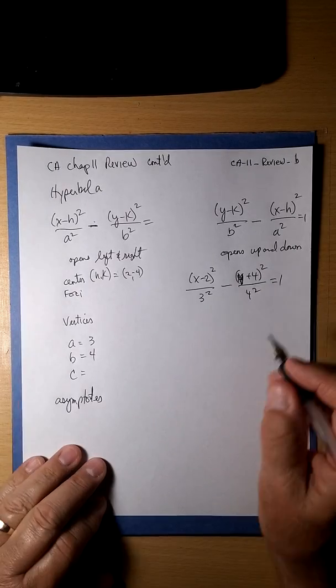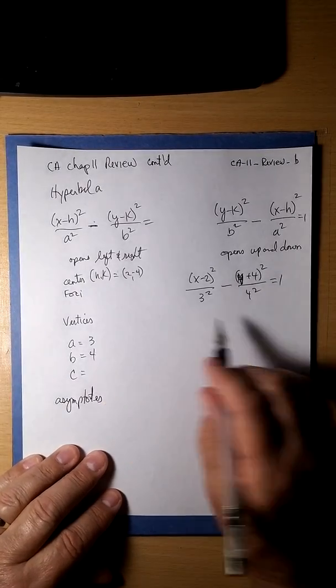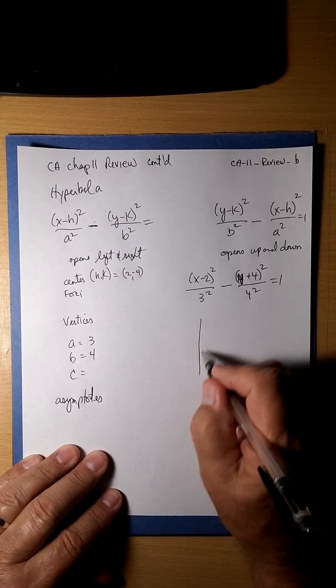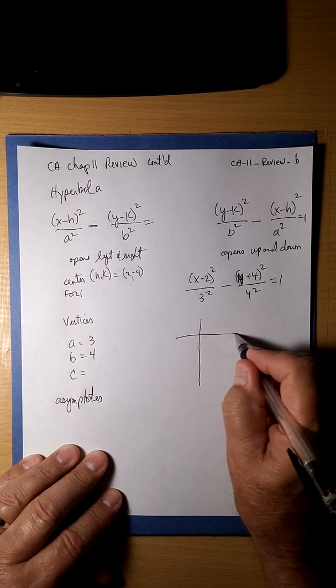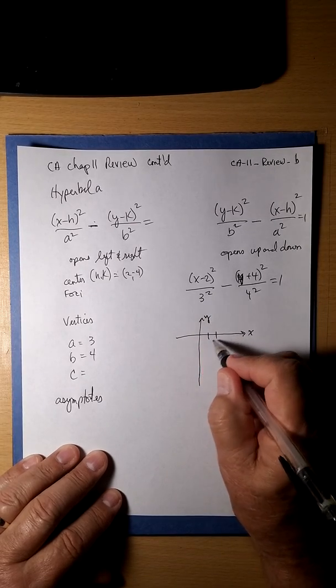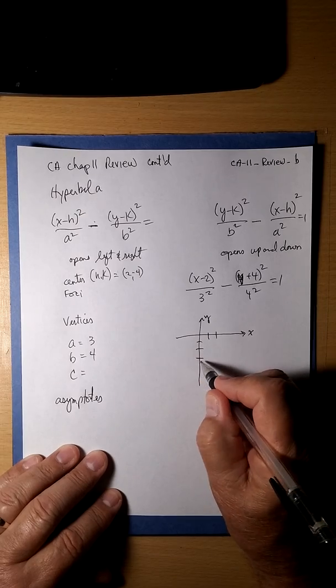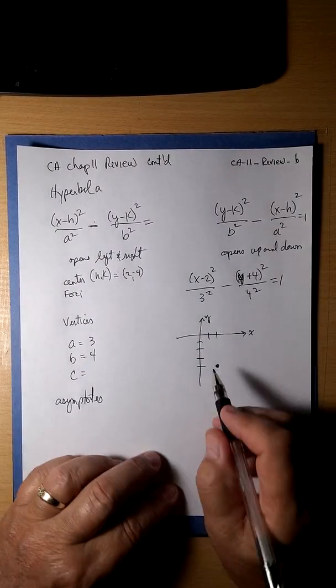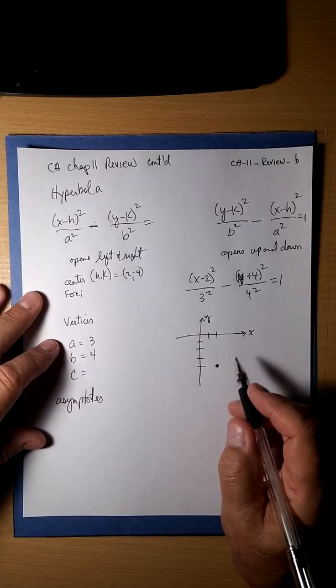And now we can start graphing this. Let's see, 2, negative 4, to the right and down. So 2, negative 4. That's the h, k, the center. From that point, you measure right and left with a.